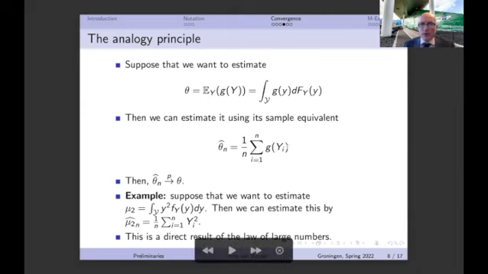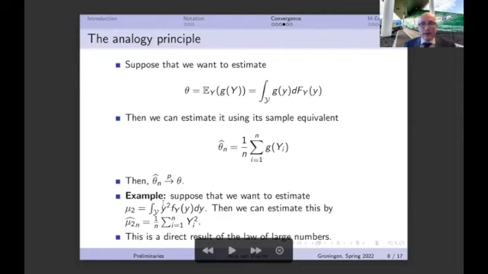We're going to sum over all the observations that we have, and we divide by n. That is the corresponding sample mean of this population mean. And then the analogy principle says that in this case, theta hat is going to converge in probability to theta.